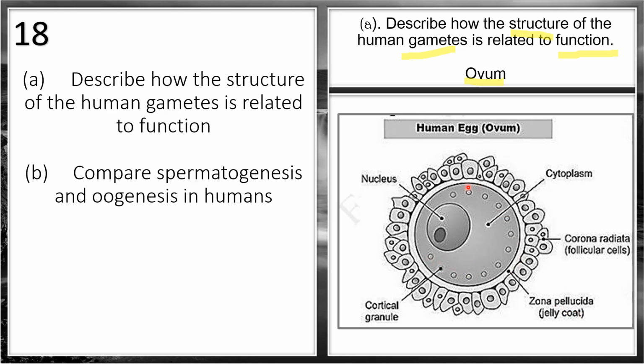Inside the cytoplasm there are cortical granules, and outside the zona pellucida layer there is corona radiata, or what we call follicular cells.